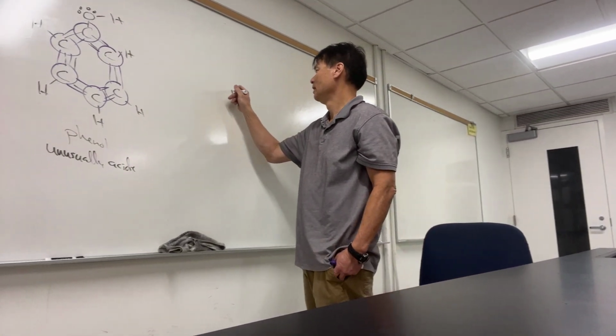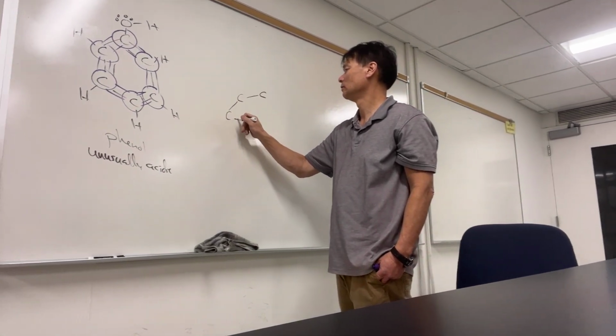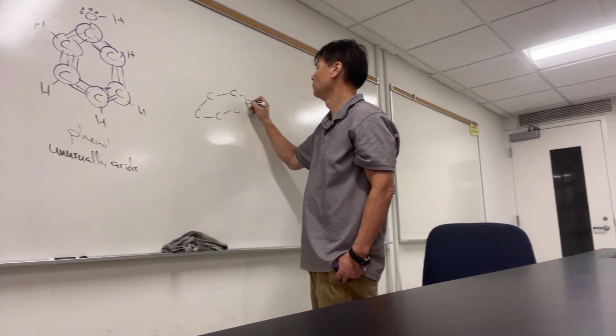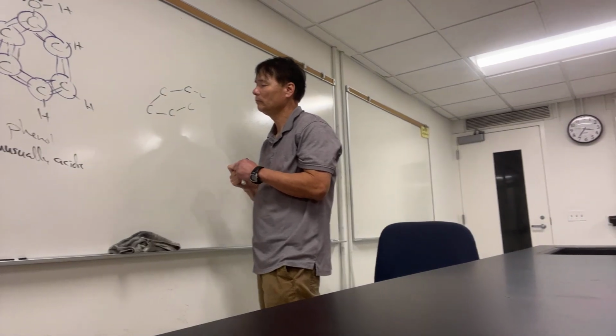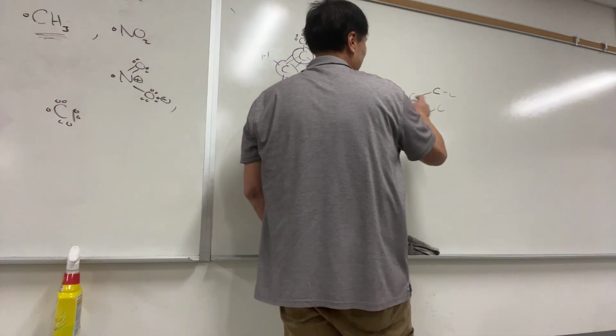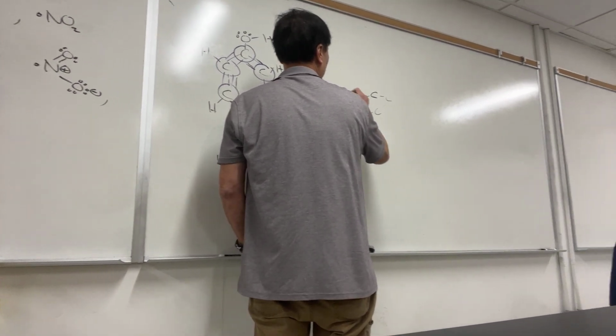If I'm going to draw this in a partial side view, actually, if I look at the p orbitals, they're going to be like this.